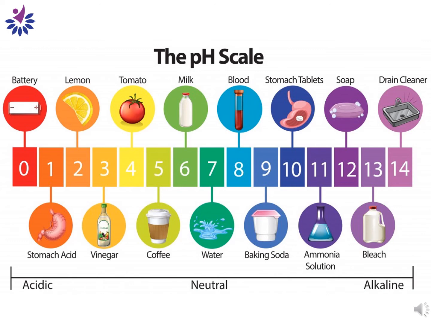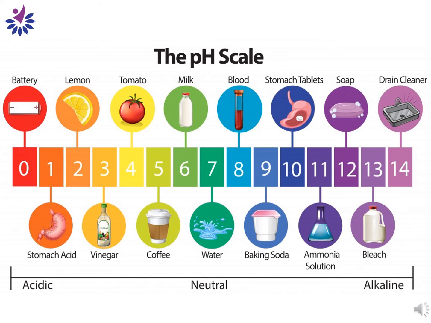Here you can see the pH scale. A pH value is a number from 1 to 14, with 7 in the middle, which is the neutral point. The values below 7 indicate acidity, which increases as the number decreases, 1 being the most acidic value, while the values above 7 indicate alkalinity, which increases as the number increases, 14 being the most alkaline or basic.